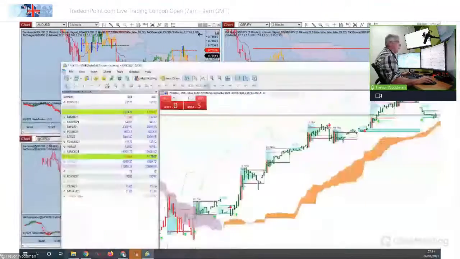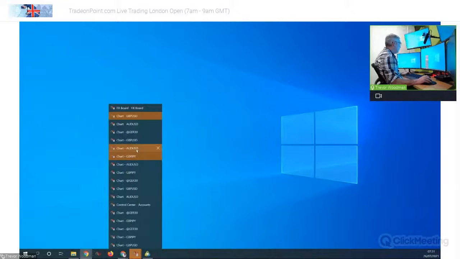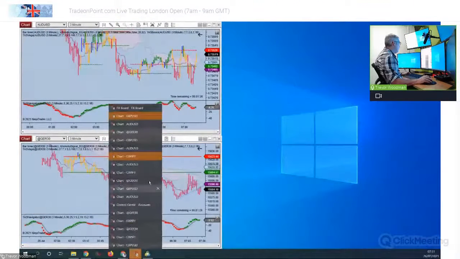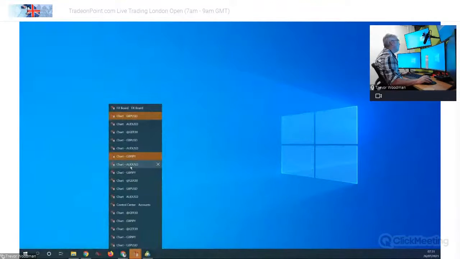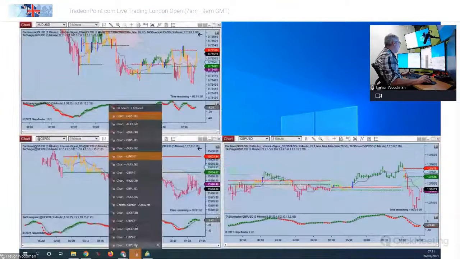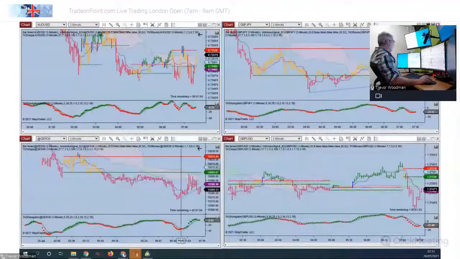And I want to monitor the difference between some of the other pairs as well. I don't know what's happened to all my charts. I seem to have minimized everything on myself. There you go. It's a bit of a pain. There you go, I'm back.